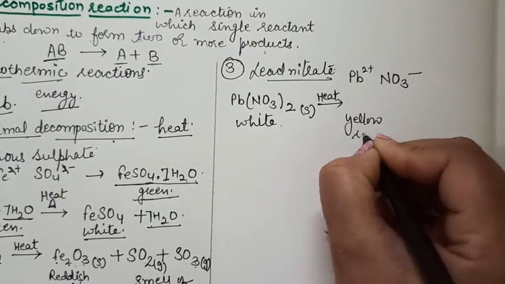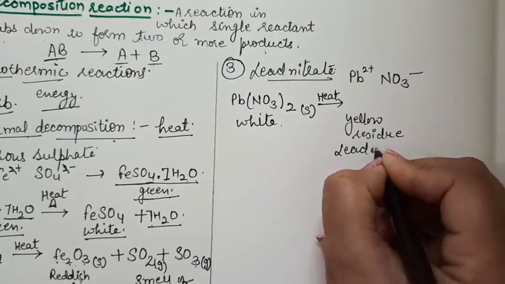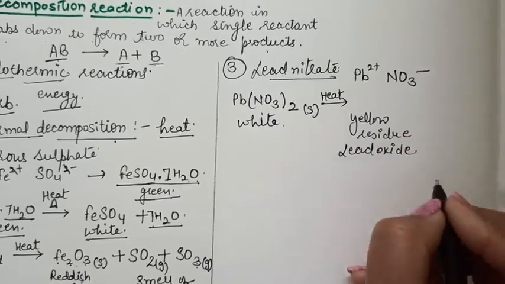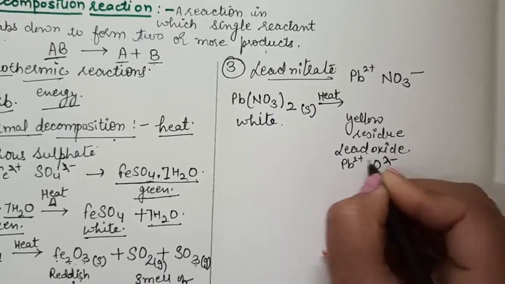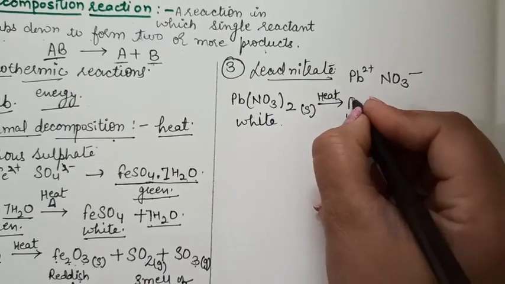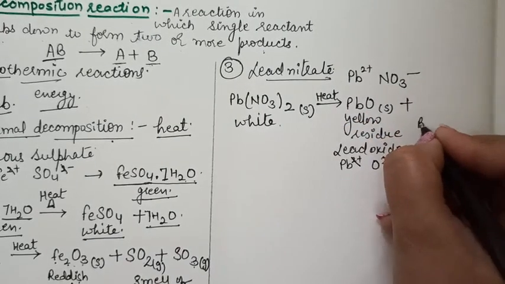The yellow residue is lead oxide. Lead Pb2+, O2-, the 2 will be cancelled. PbO plus brown fumes.